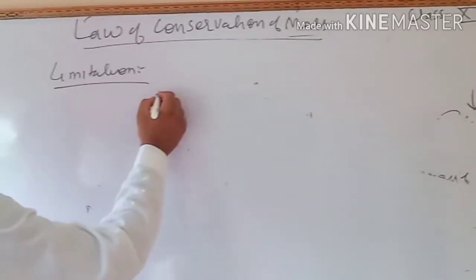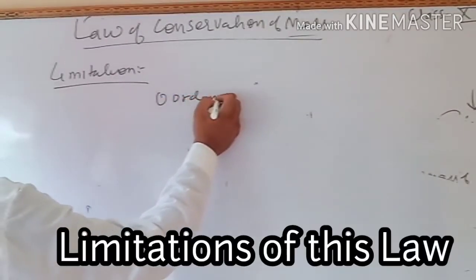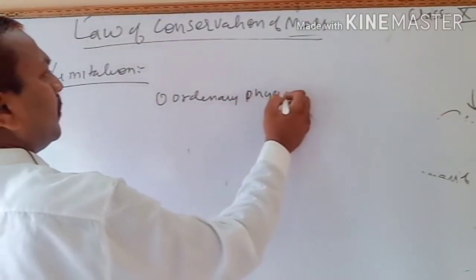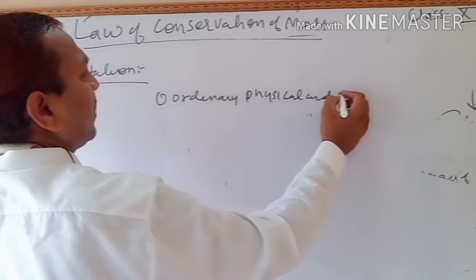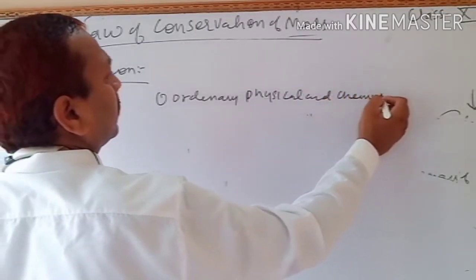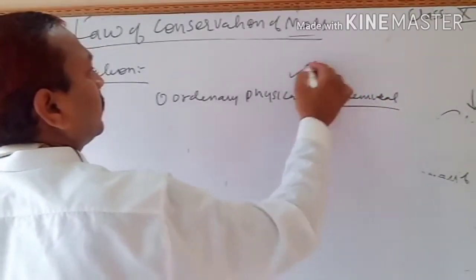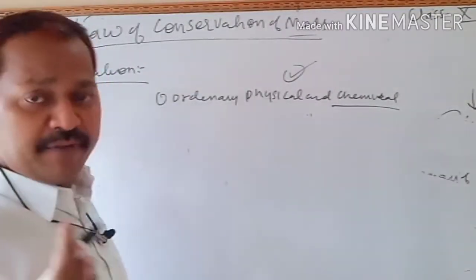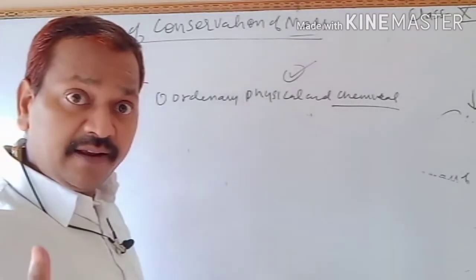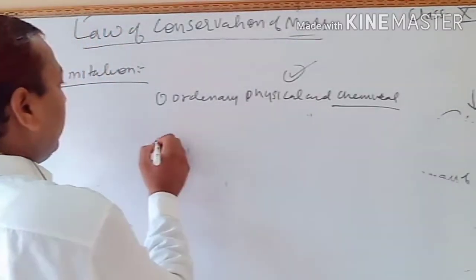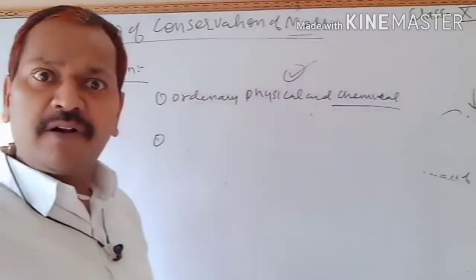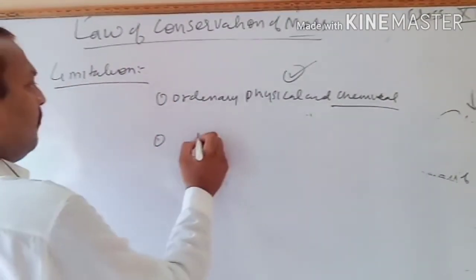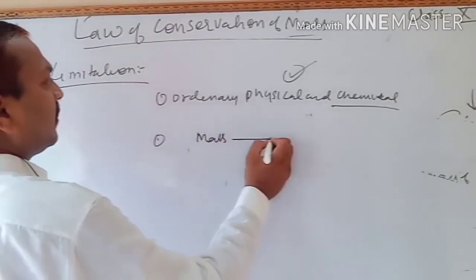In ordinary conditions, in physical and chemical change, this law is applicable. Now in the beginning of the 20th century, Albert Einstein entered and he worked out how mass is converted into energy. So this is a limitation, when mass is converted into energy.